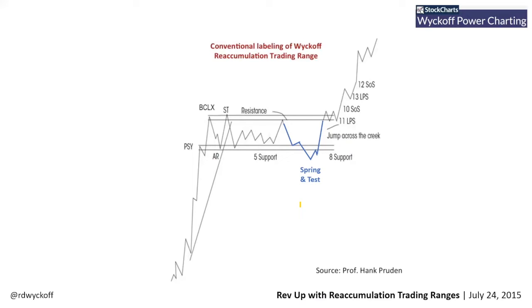And so this spring type action and then the test that follows it is a temporary phenomenon and results in a large change of character as the spring reverses back up into the trading area and then just with ease of movement goes up to the top of the range and out.